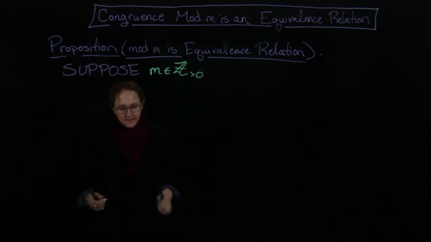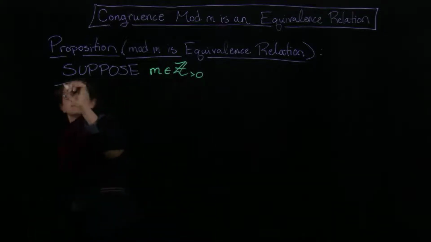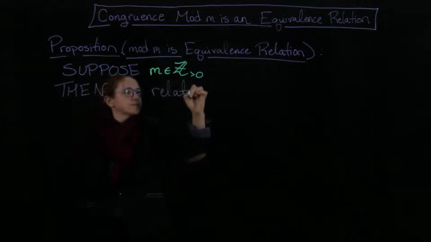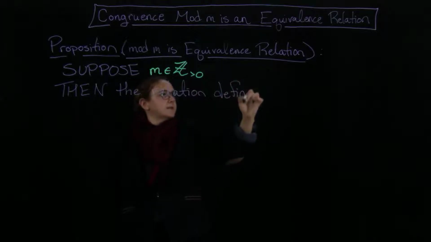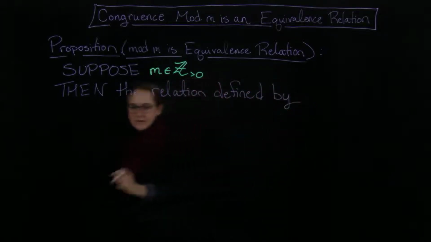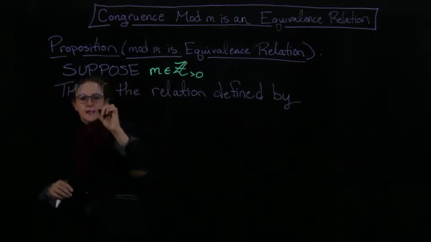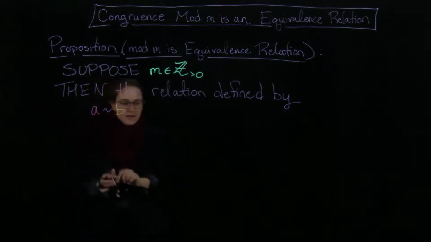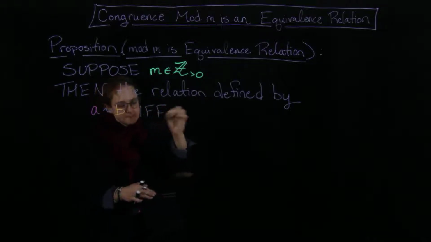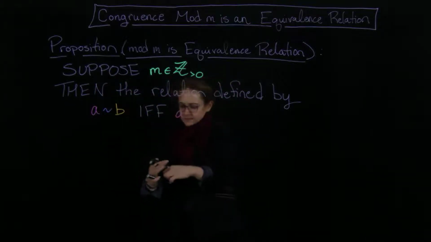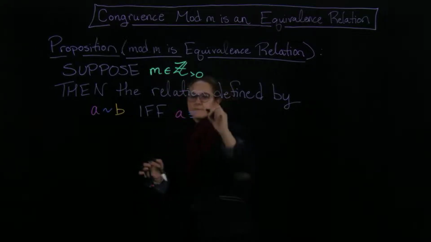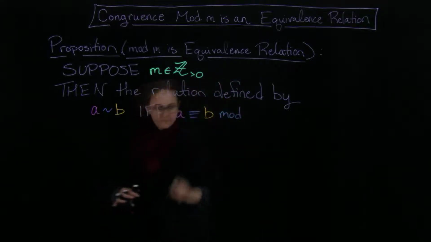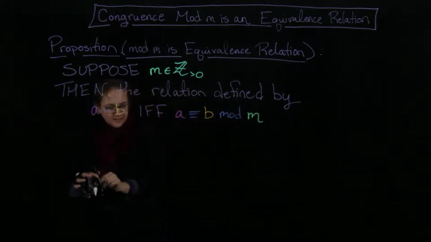Then the relation defined by A is related to B if and only if A is congruent to B mod m, is an equivalence relation on the integers.